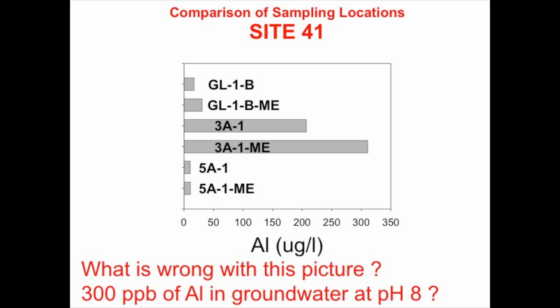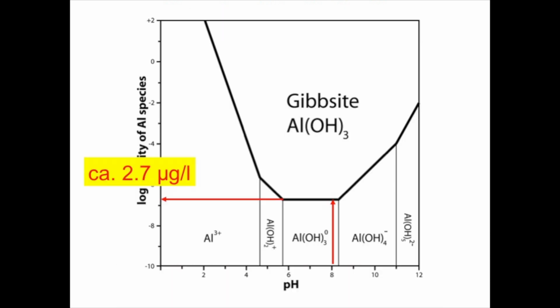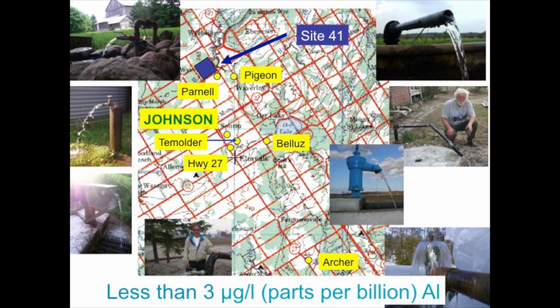So what's wrong with this picture? Here's the solubility diagram of gibbsite. The water has a pH of 8, which means we should have 10 to the minus 7 moles per liter of aluminum in the water, or about 3 parts per billion. That's what we should have dissolved in the water. So how do you get 300 parts per billion? It's 100 times too much aluminum.